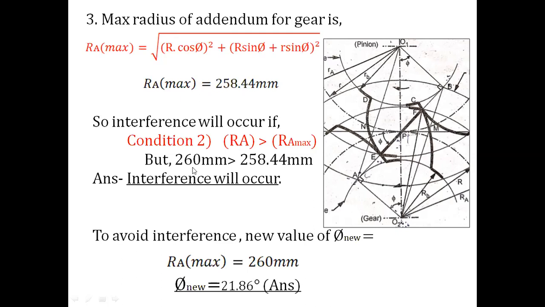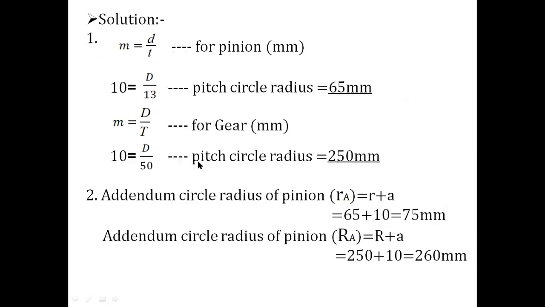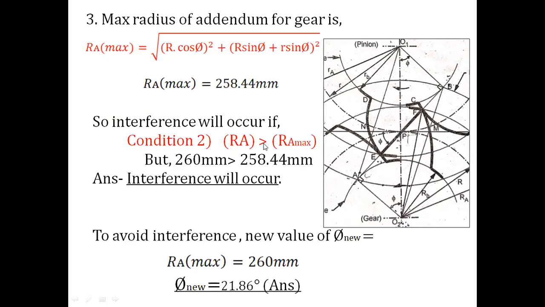RA, the addendum circle radius for the gear, is 260. If RA is greater than RA max, interference will occur. The condition is satisfied here: 260 is greater than 258.44, so interference will occur.